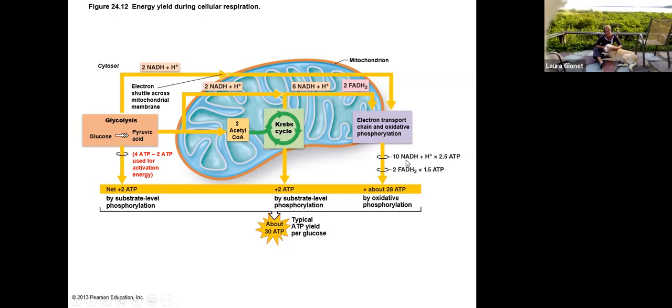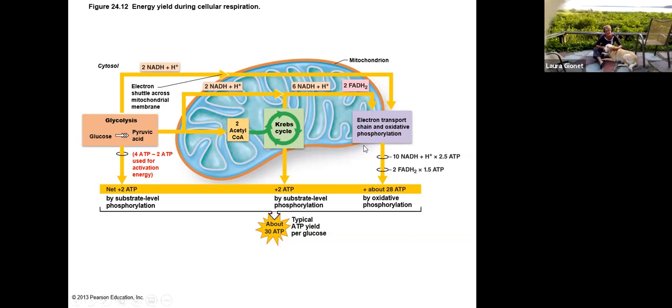And then over to the right-hand side, about 28 ATP by oxidative phosphorylation. Thus, the total can vary, anywhere from like 30 to 32, give or take, around in there. There is some variation to it.